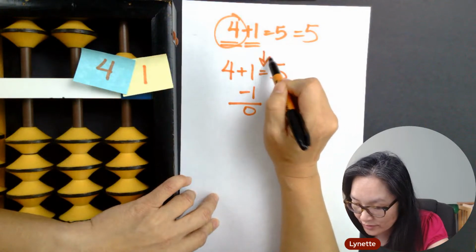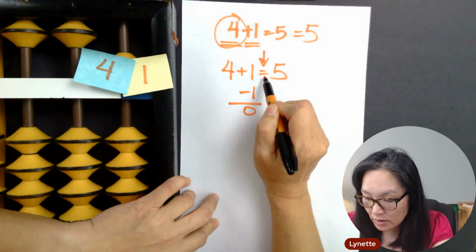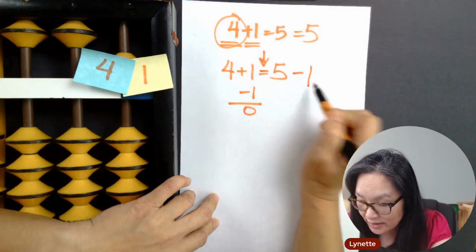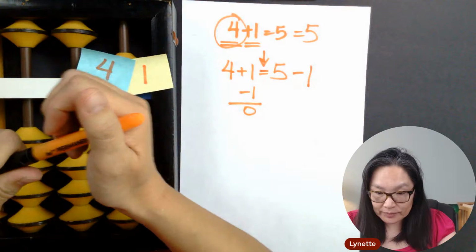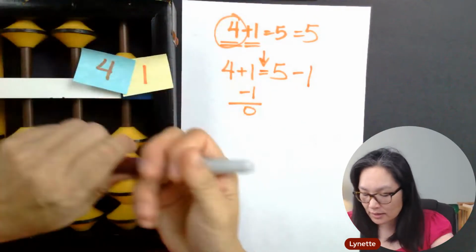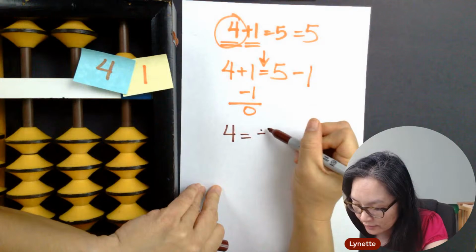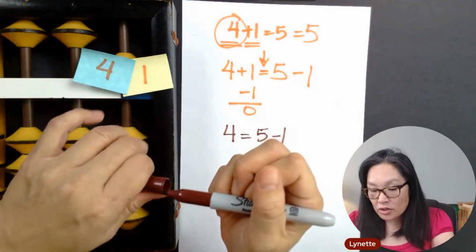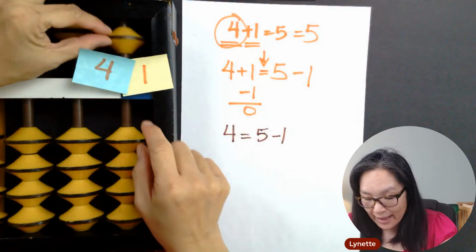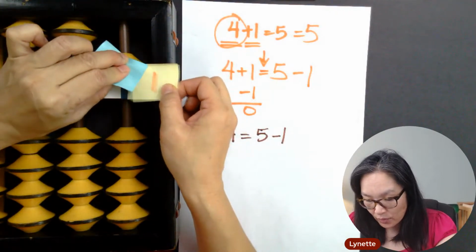If whatever we do on the one side of the equation, the equal sign, we have to do it on the other side. So when we rewrite this, let me rewrite it in this color. We have it 4 equals 5 minus 1. So here, when we add the 5, we have to take away the 1.